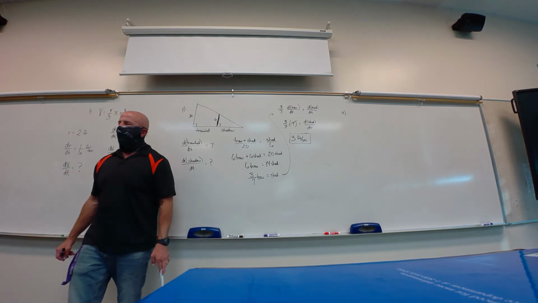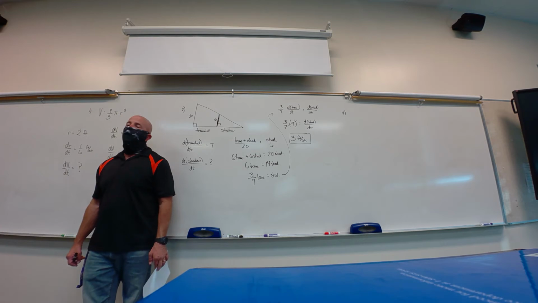Okay, what kind of shape do we have? Triangle. So you get the ladder leaning up against the wall, it's going to create a triangle, right?